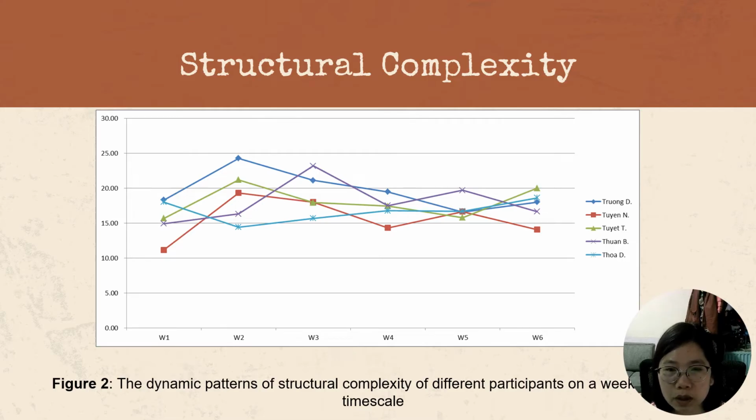But in general, they performed better in the second and third week. After that, they have some difficulties in week 4, but in general, you can see some improvement from week 1 to week 6.